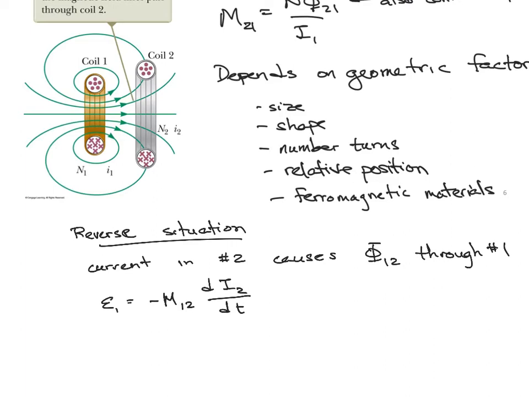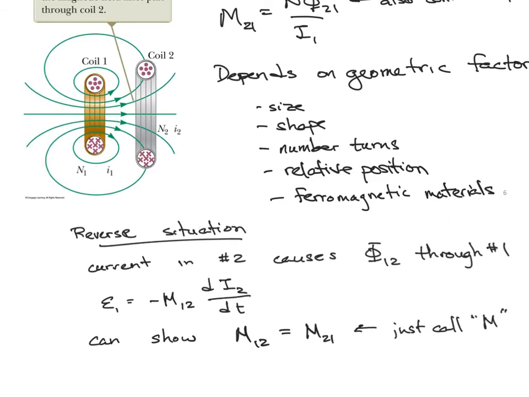So there, M12 is the mutual inductance of coil 1 with respect to coil 2. You can actually show that these two mutual inductances, these constants of proportionality, are equal to each other. So let's drop the subscripts and just call it M for mutual inductance, right?